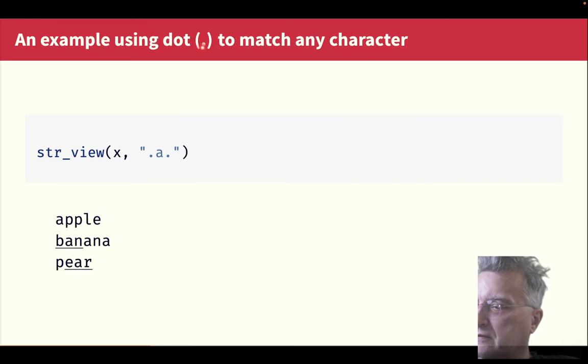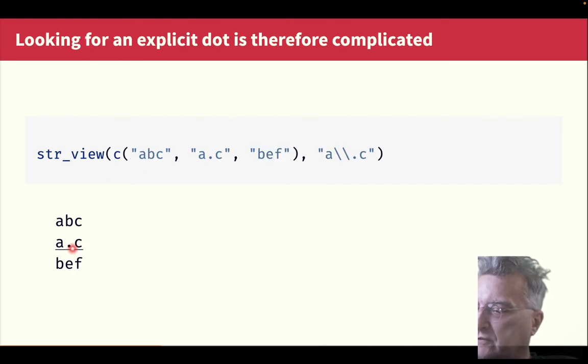Okay, so the dot matches any character ordinarily. If I put a dot in, it matches any character. So what happens if I want to actually match a dot? Here's an example where I have a dot in the string and I would like to match that.